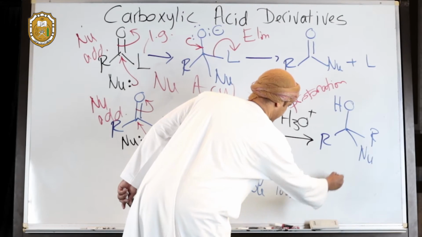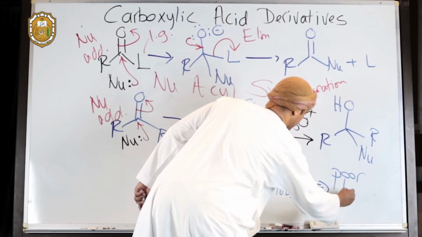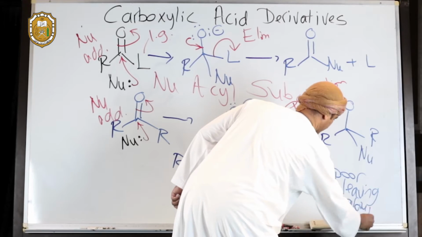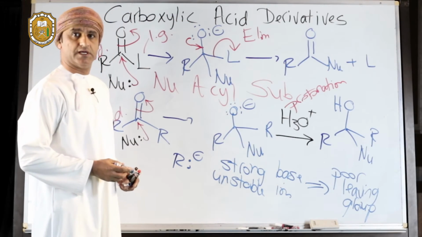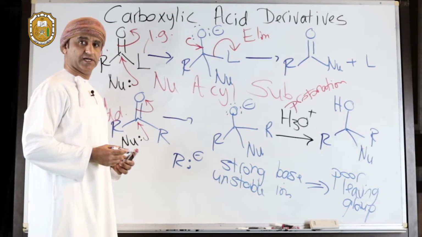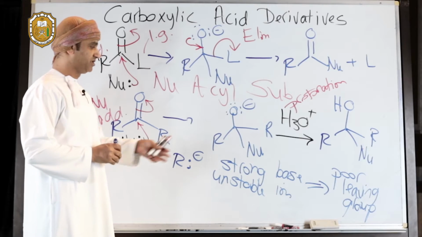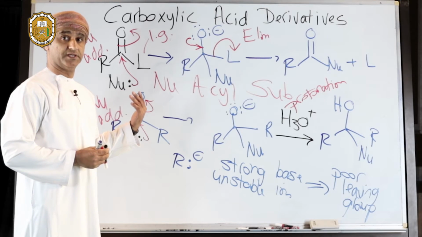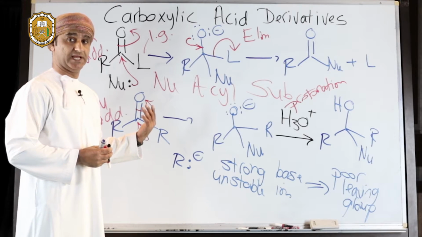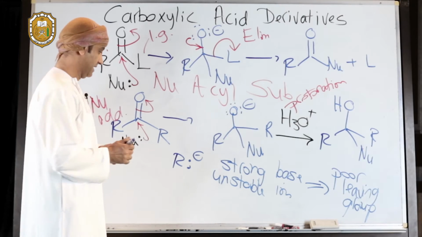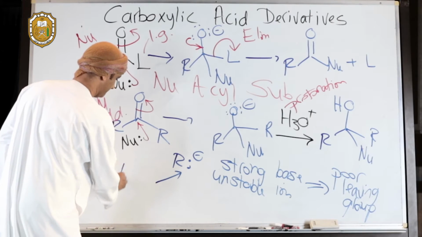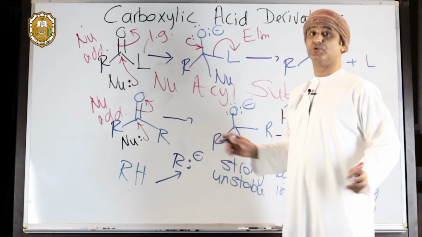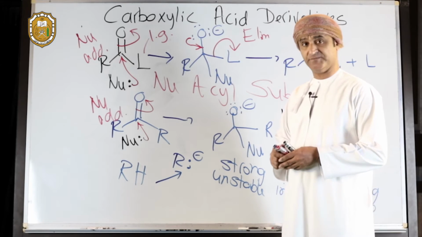So this is a very poor leaving group. To judge the leaving group ability, you can judge the basicity, obviously the stability of the ion, or you can also look at the pKa of the conjugate acid. So R minus would come from RH, which is alkanes, and alkanes are extremely weak acids.